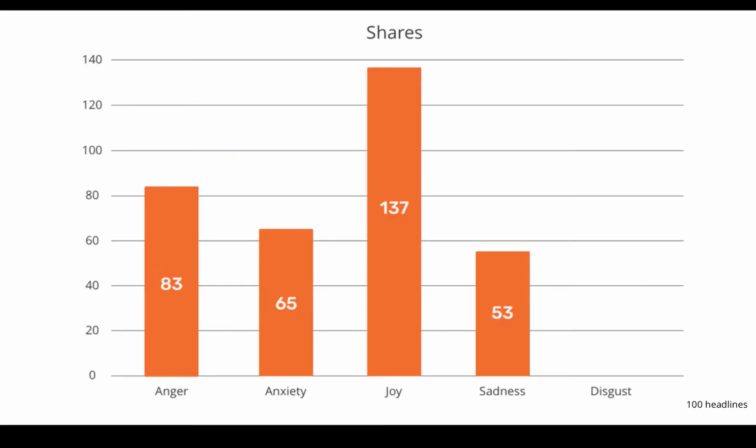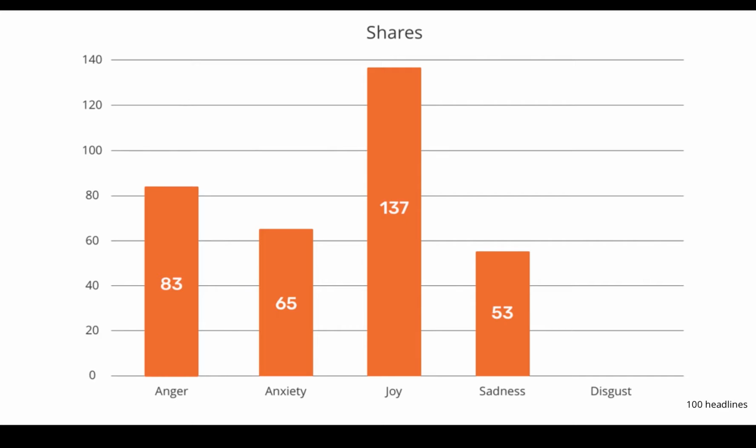When we analyzed headlines, they were put into 5 different subgroups. So there's anger, anxiety, joy, sadness, and disgust. So whenever a headline was predominantly an angry tone, the average number of shares was 83.